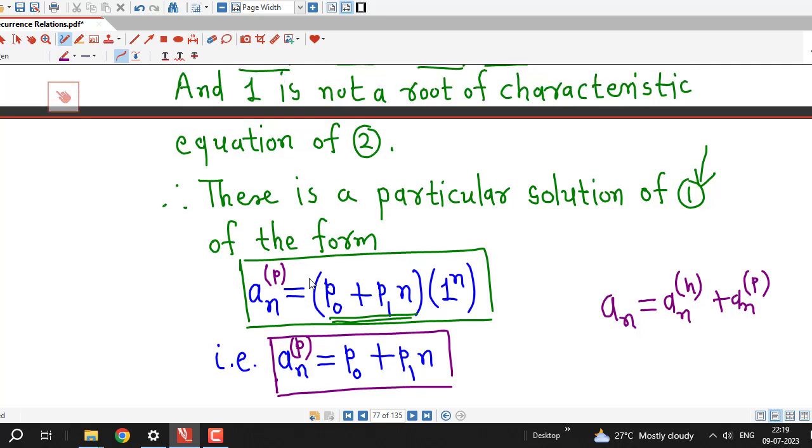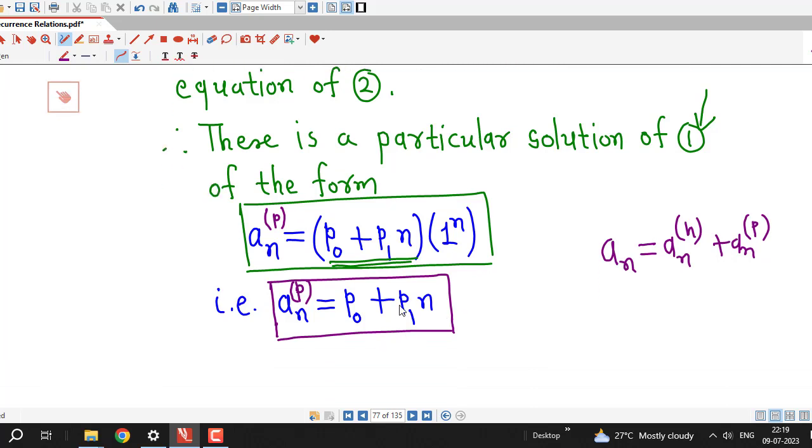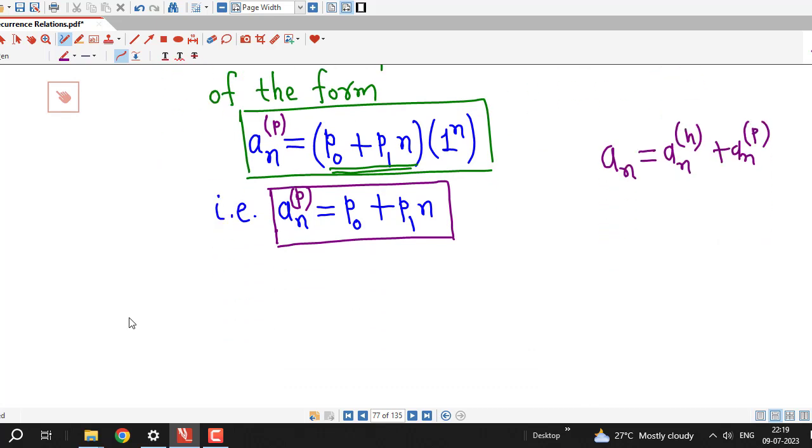Now once we assume that this is a particular solution of the given non-homogeneous recurrence relation, it will satisfy the given non-homogeneous recurrence relation.